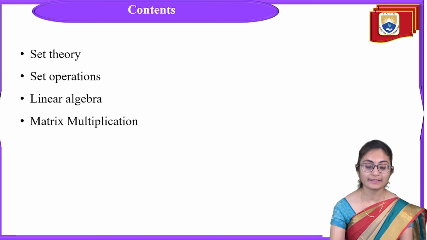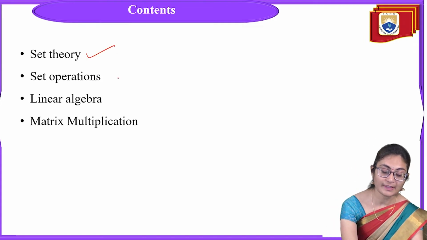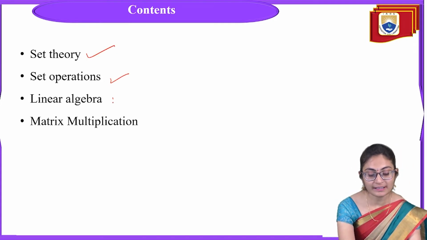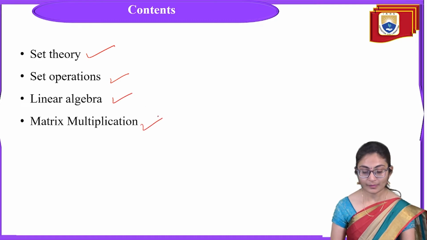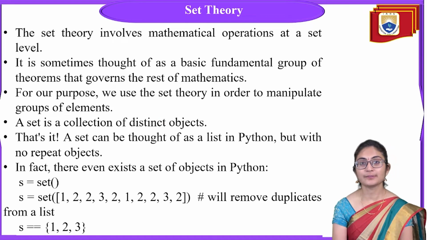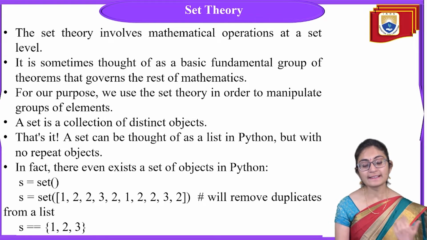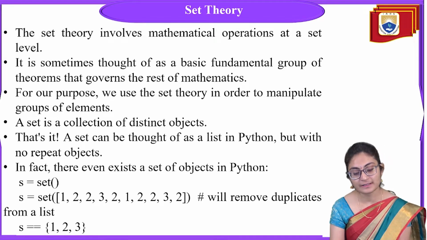Now we will see set theory, set operations, linear algebra, and matrix multiplication. First, set theory. I know that everyone has learned about sets. What is meant by a set? We can say that a set is a collection of different elements.